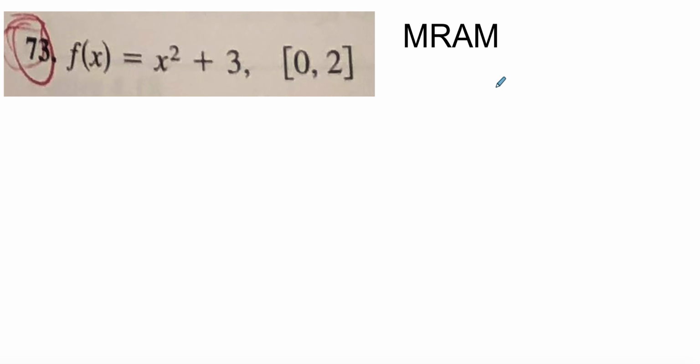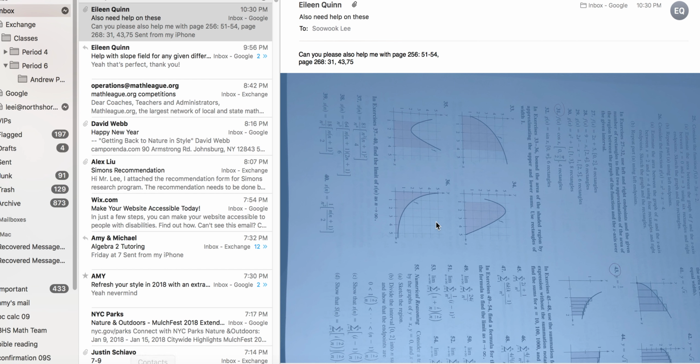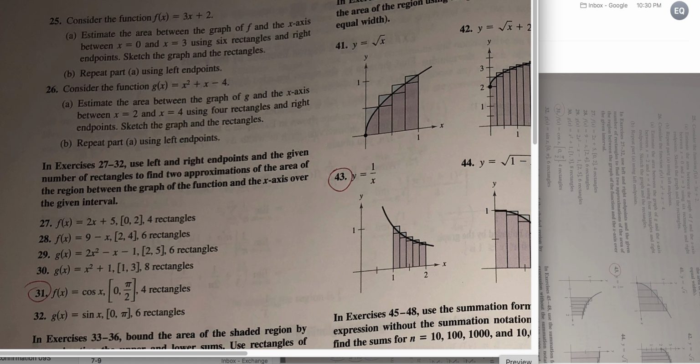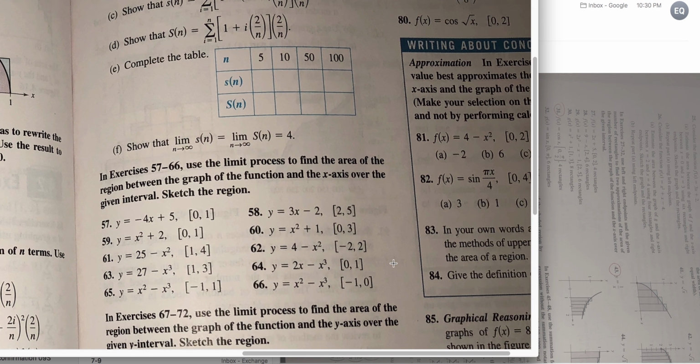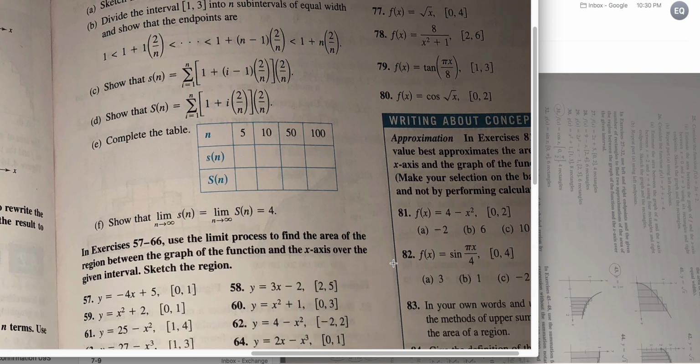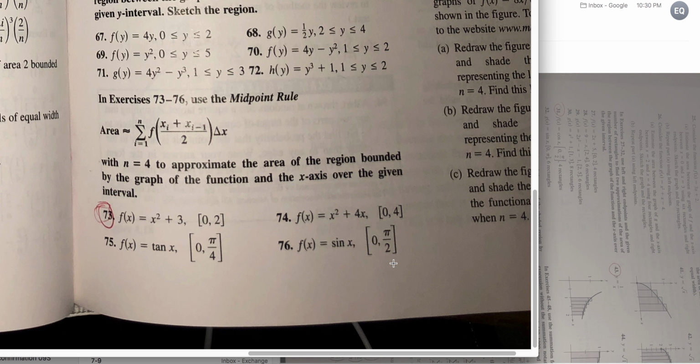All right, and then in this case they want you to do the midpoint. And how many intervals was it? n equals 4.